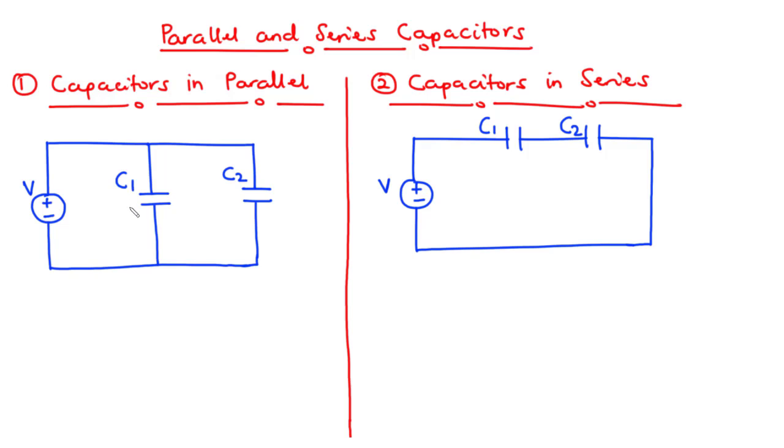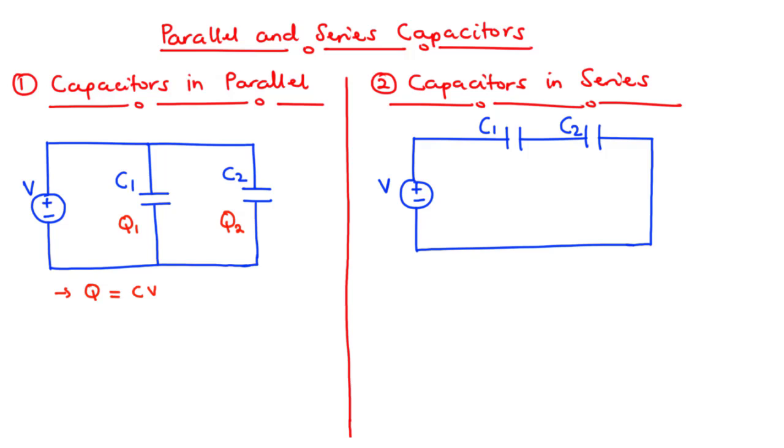Let the charge on the first capacitor C1 be Q1 and the charge on the second capacitor C2 be Q2. From the formula Q equals C times V, having in mind that for capacitors connected in parallel, we have the same source voltage V connected across each of them.